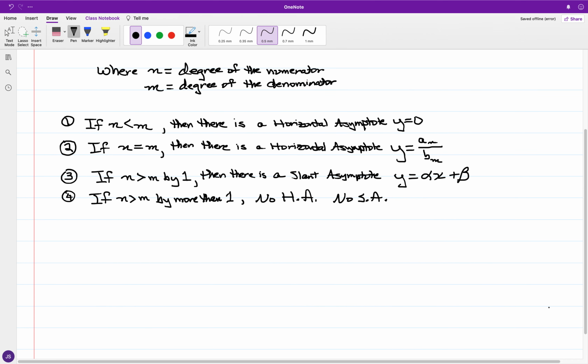Now just looking at some of the items that we have, to give you a bit of a visual. Say you're looking at determining the domain and the asymptotes.